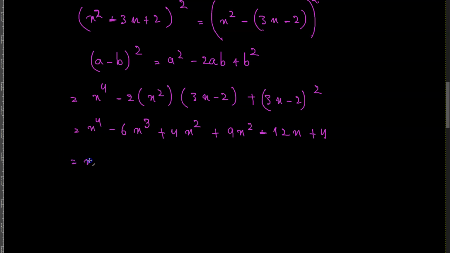That gives you x raised to the power 4 minus 6 times x cubed, 4 plus 9 is equal to 13 times x squared minus 12x plus 4, right?